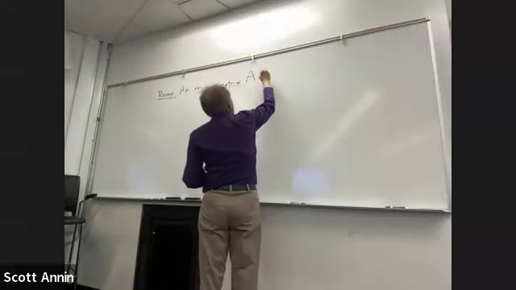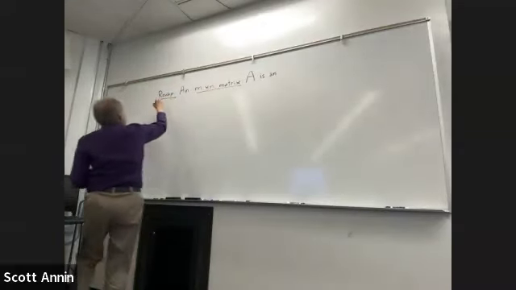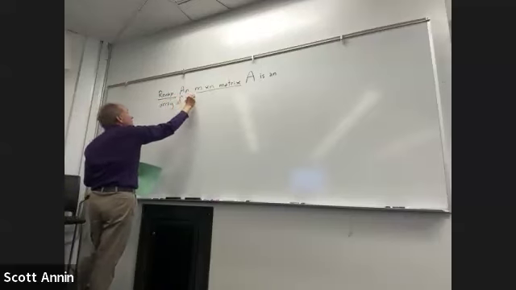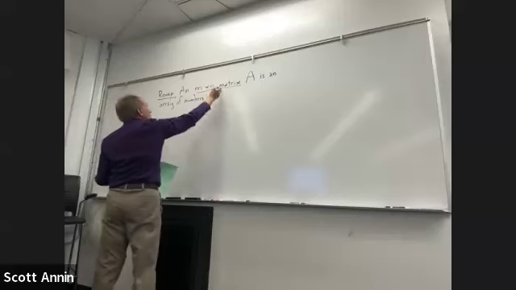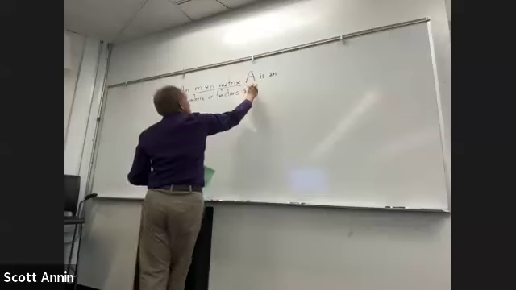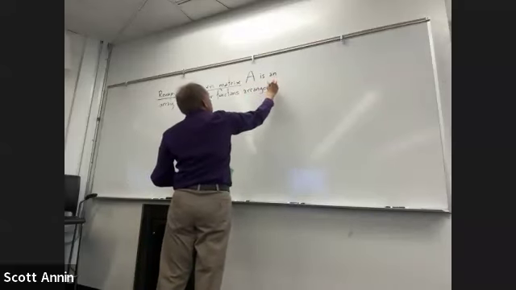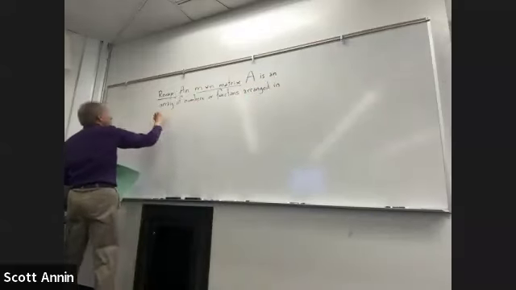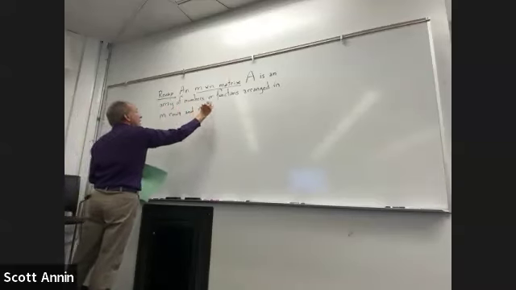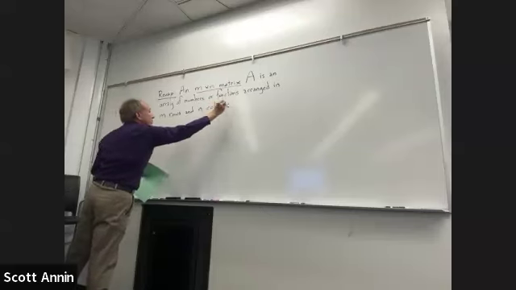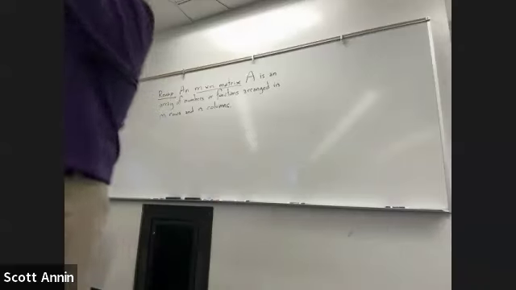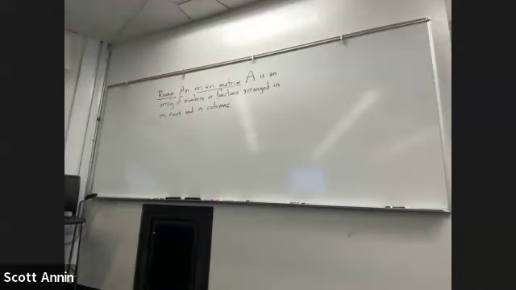This is an array of numbers or functions, and these are going to be arranged in M rows and N columns. Okay, so there's an M and an N. The M is the number of rows. The N is the number of columns.